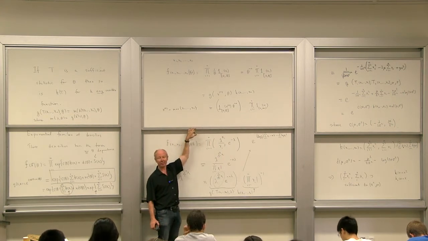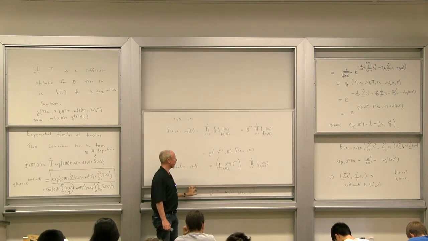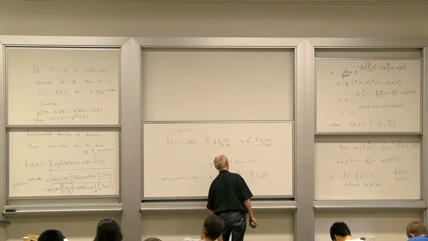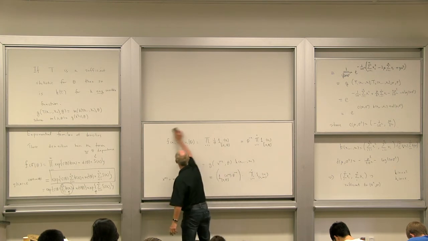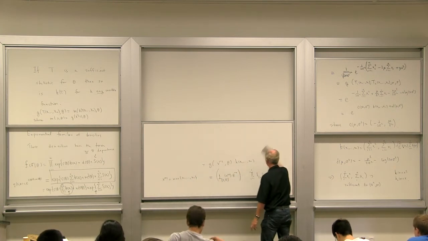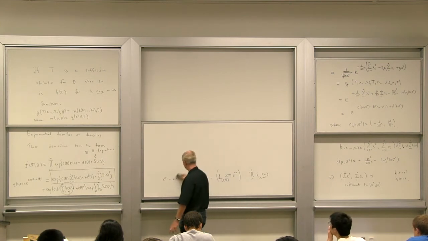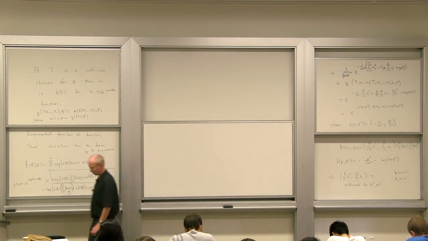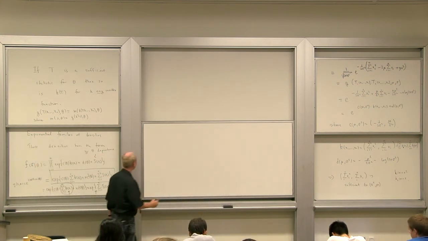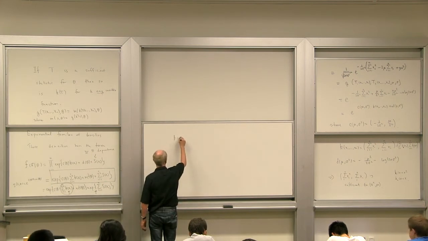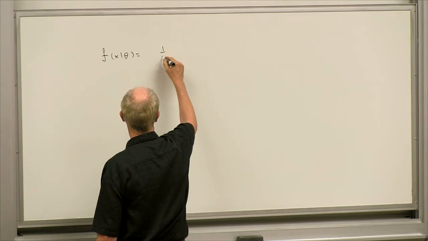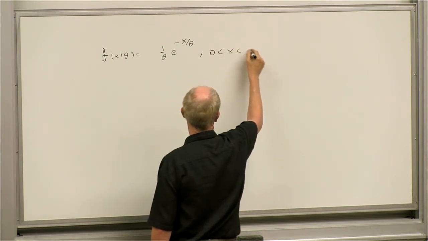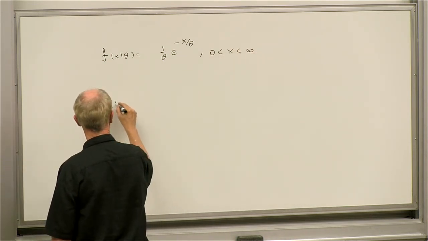Well, it better be, I think. Joint density then of an IID sample.